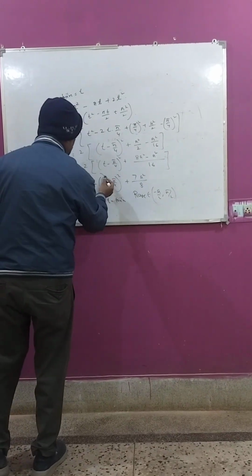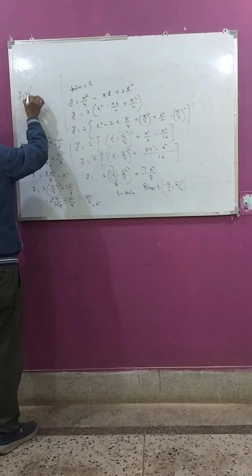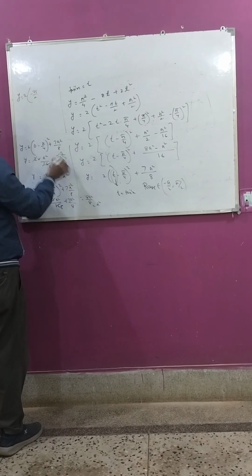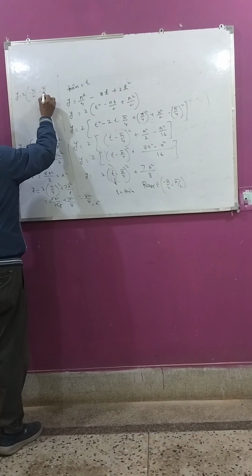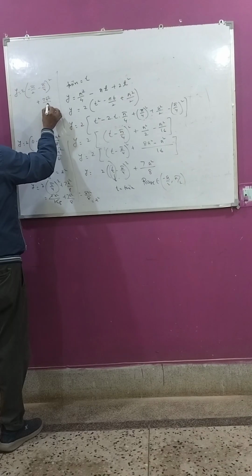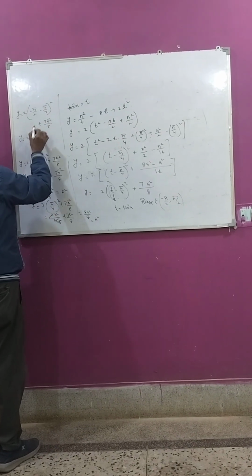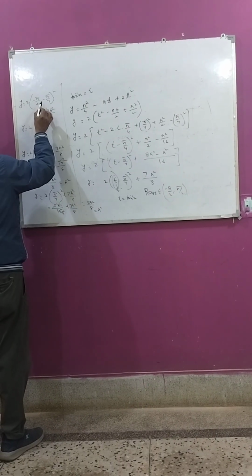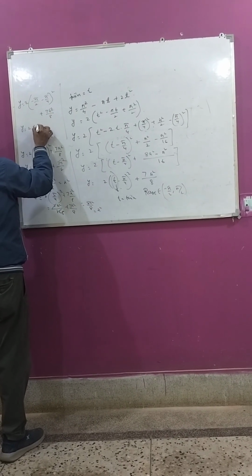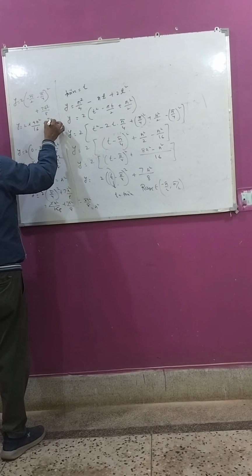But when it is minus pi by 2, then in that case y equals to 2 into (minus pi by 2 minus pi by 4) squared plus 7 pi squared by 8. So y equals to 2 into (minus 3 pi by 4) squared, that is 9 pi squared by 16, plus 7 pi squared by 8.